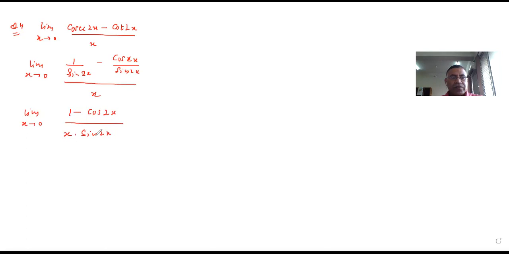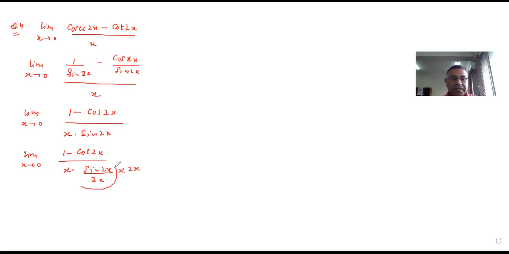Now first I will try to neutralize this sine 2x. Limit x tends to 0, (1 minus cos 2x) over x times 2 times sine 2x upon 2x, multiplied by 2x. Because I have a theorem with me, limit x tends to 0, sine x over x is equal to 1.